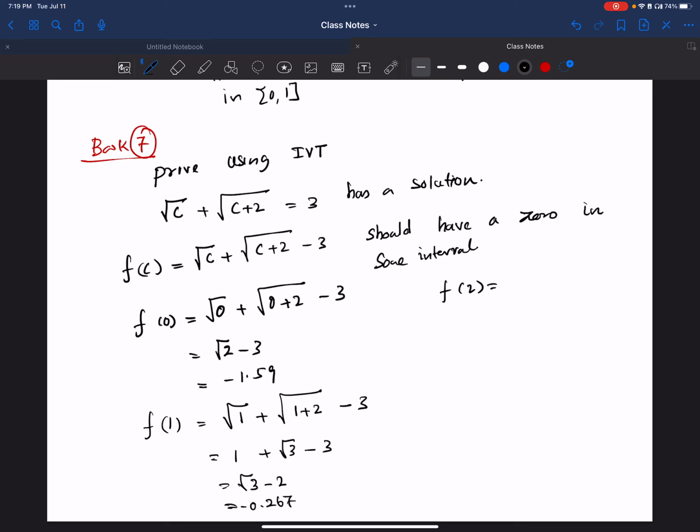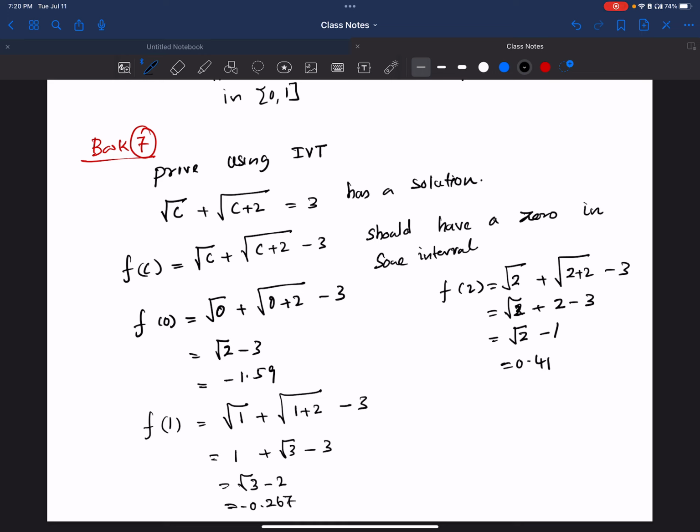Let's find another value, f of 2. We get square root of 2 plus square root of 2 plus 2 minus 3. 2 plus 2 is 4, square root of 4 is 2, minus 3. So it is square root of 2 minus 1, which equals 0.41.